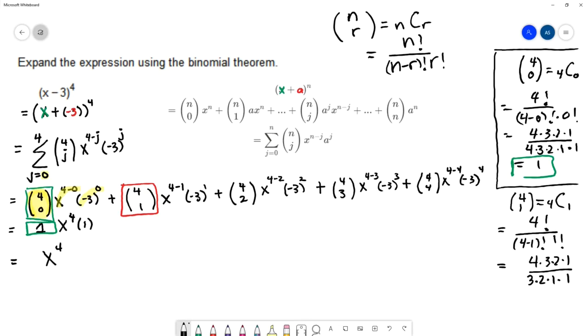And 1 factorial is 1. So the 3, 2, 1 cancels out, and we get 4 for this term. So we have plus 4 times x cubed, and negative 3 to the 1st power would be negative 3. And this is a minus 12x cubed for that next term.